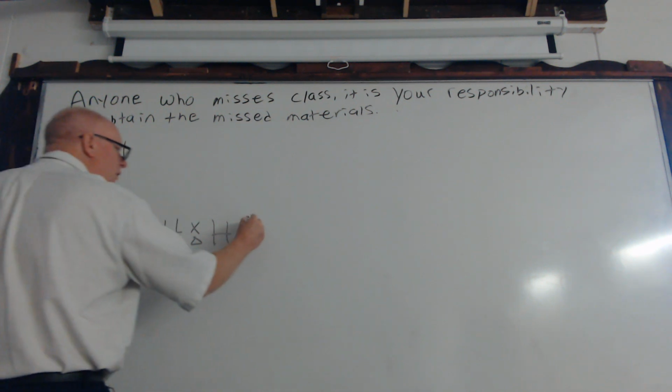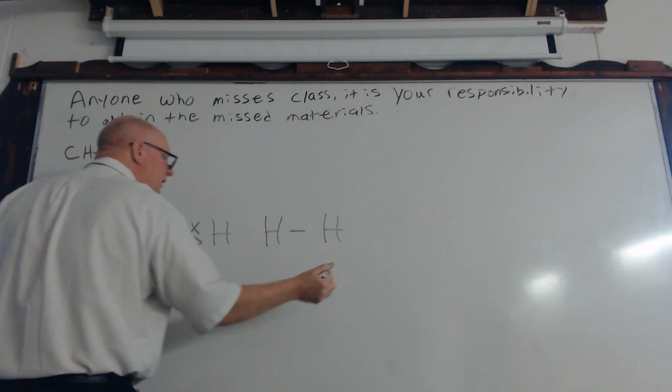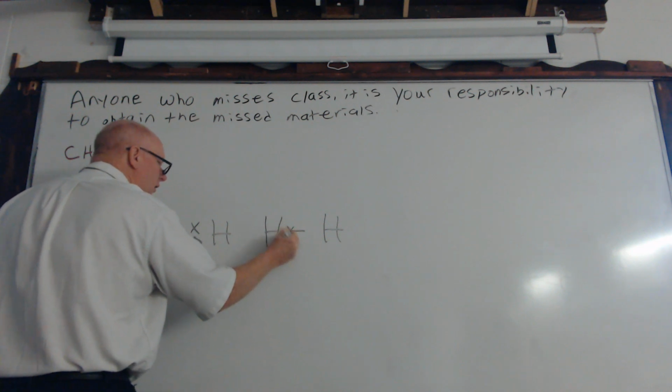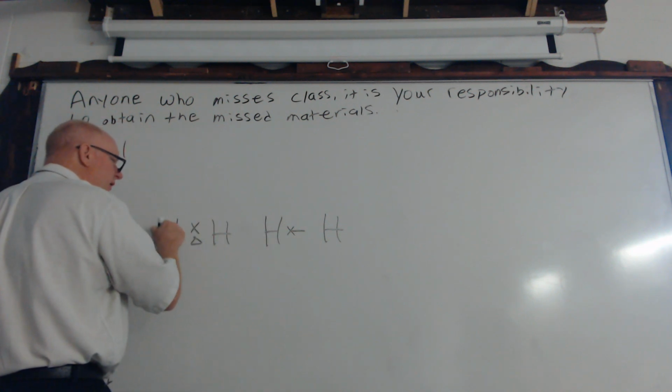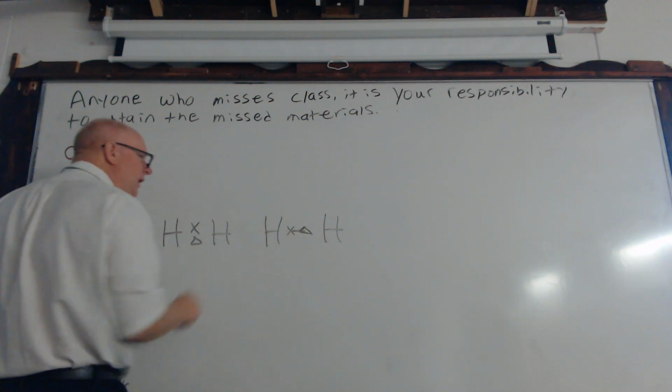That's one way to represent it, or you could illustrate it like this. It means the exact same thing; you're just turning these sideways. Here's your one electron from this hydrogen, and then the triangle would be from this hydrogen, therefore making that bond.